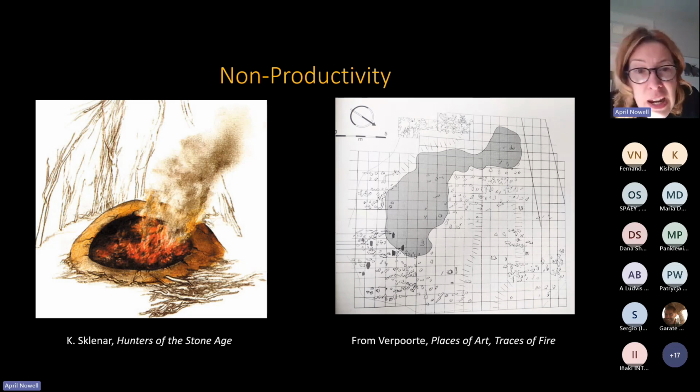And the gray area that you see on that map is an ashy lens. It's a hearth feature. And inside it, and immediately around the periphery of that ashy lens, is where we find a good number of the ceramic figurines.